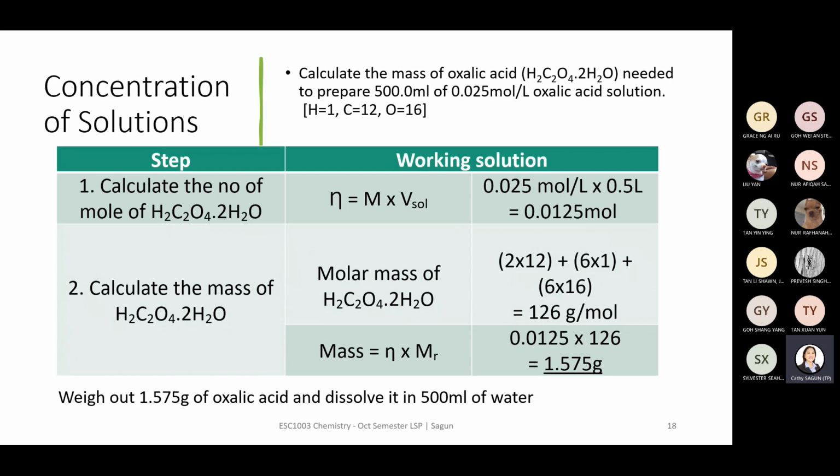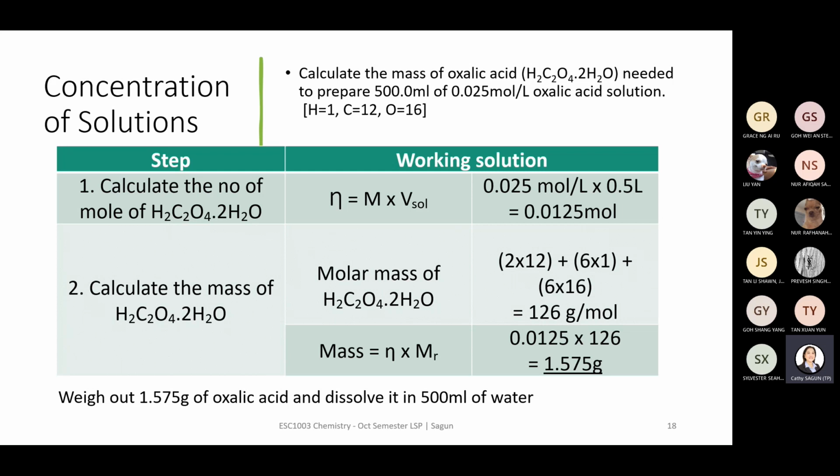You know, water is 18 times 2, so the molecular weight or molar mass is 126 gram per mole. And if you remember the triangle, then you know that the mass is equal to the number of moles multiplied by the molecular weight or the MR.